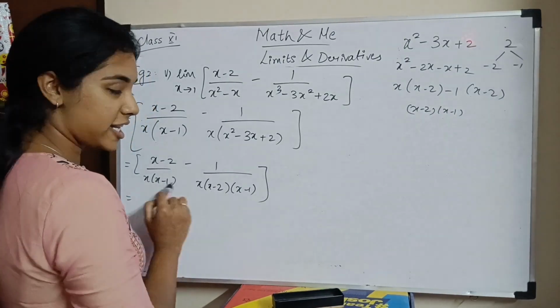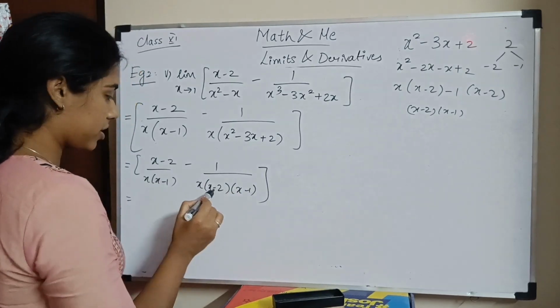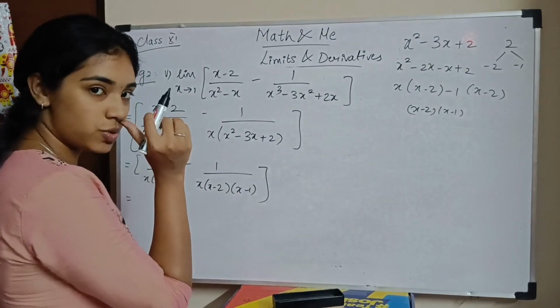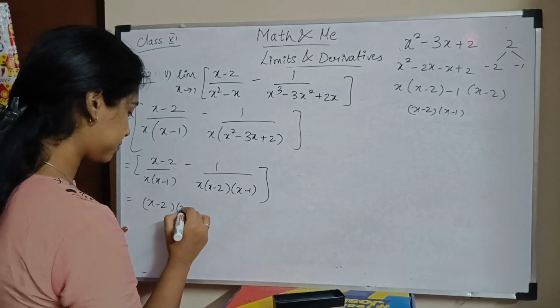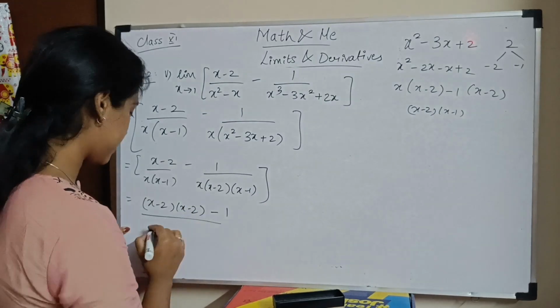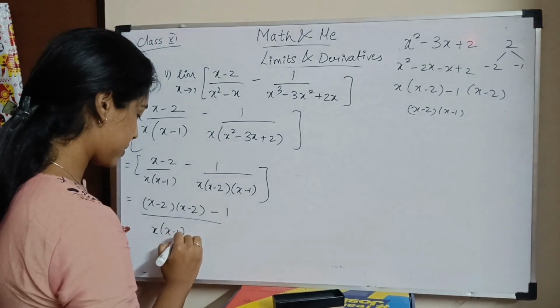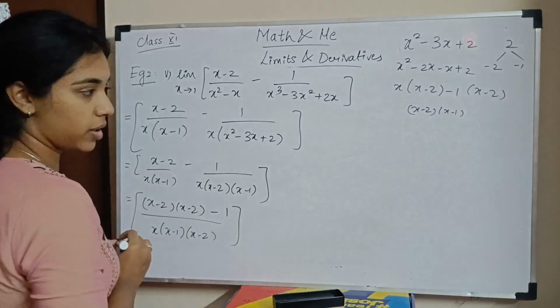What is missing? x minus 2 is missing here. So we are taking the LCM, and this is the common denominator. So I'm going to multiply x minus 2 to the first term: x minus 2 into x minus 2, minus 1, don't forget the 1, divided by x into x minus 1 into x minus 2. So this is your term now.